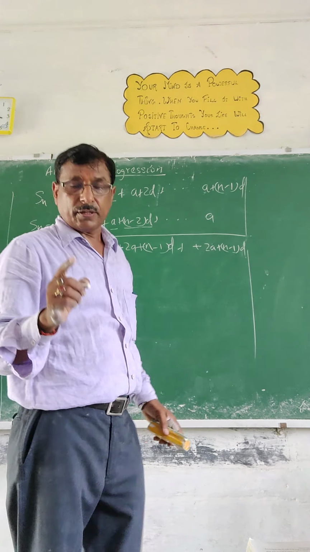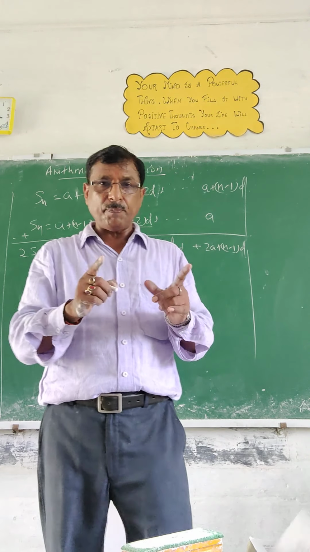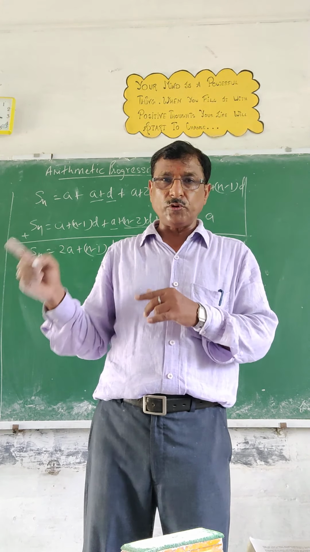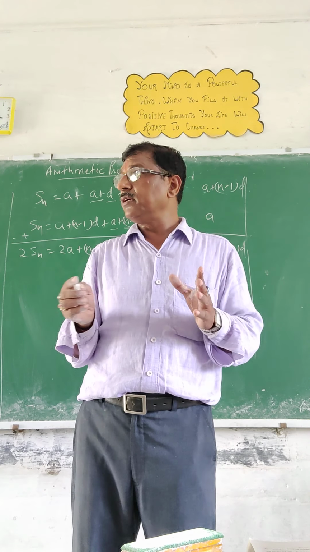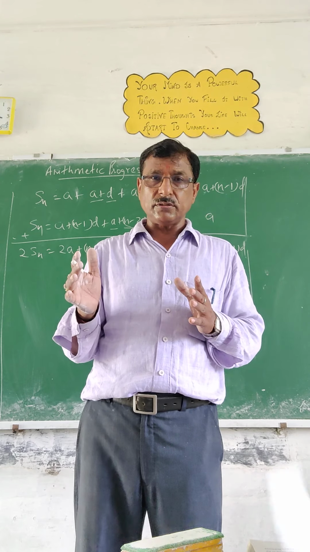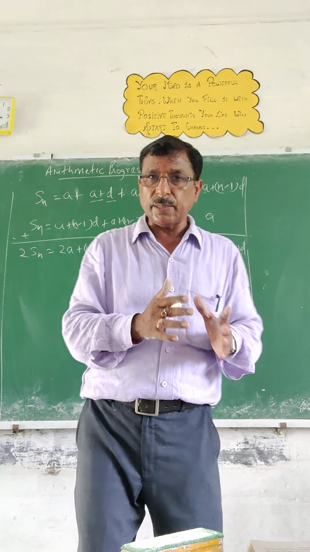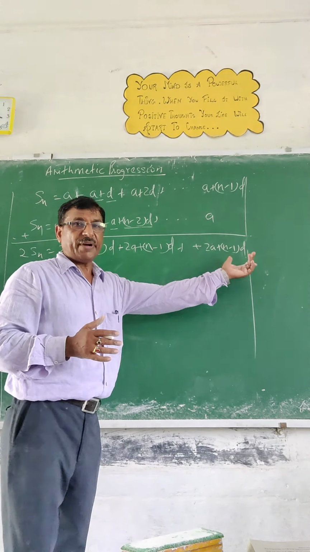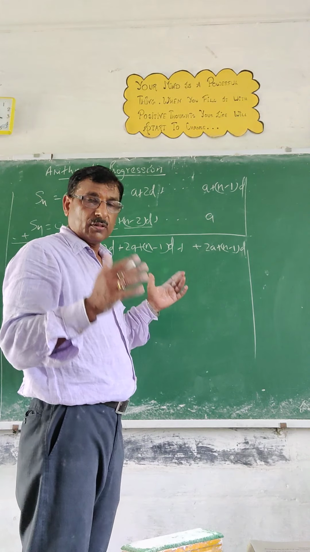Now try to understand. If you add 1 ten times, what will you get? 1 plus 1 plus 1 up to 10 terms, that is 1 into 10, that is 10. If you add x n times, x plus x plus x and so on, what will you get? nx. Similarly, 2a plus (n minus 1)d is added n times. So what will you get as total sum?